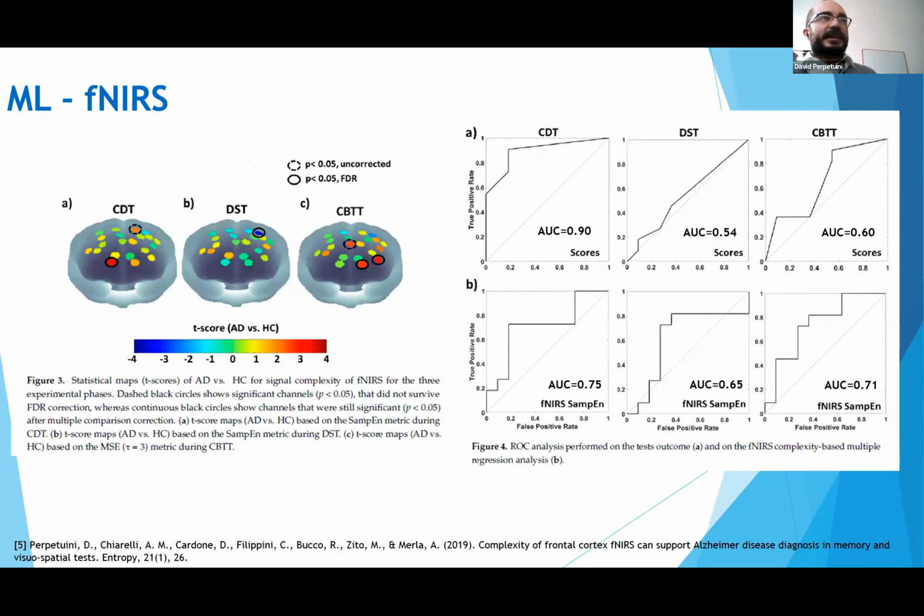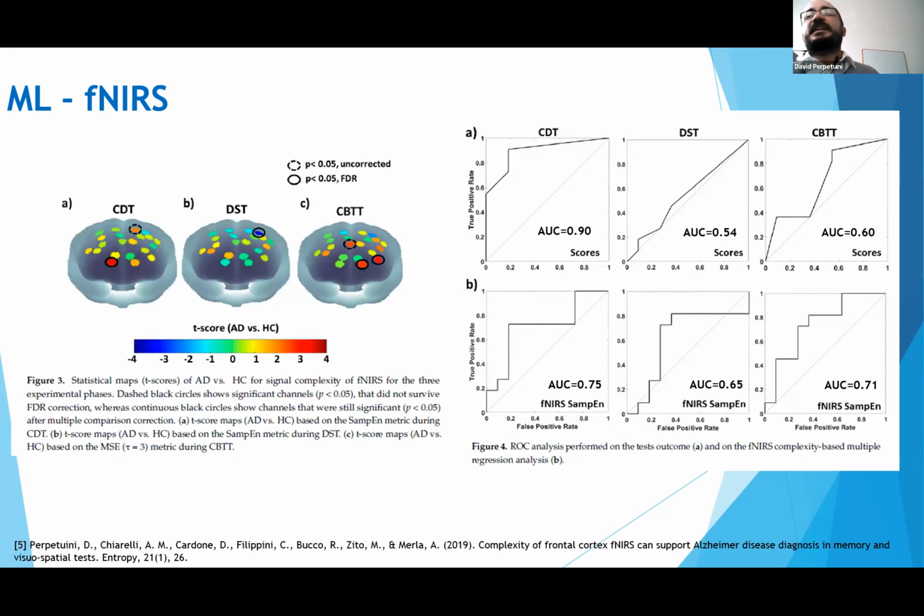The results demonstrated with the descriptive statistics that fNIRS is able to assess differences in the brain activation related to the execution of these tasks in Alzheimer's disease with respect to healthy controls. If we perform a classification with a machine learning approach based on the scores of the tests that we use, we can see that the clock drawing test has an area under the curve of 0.9, which is quite high.